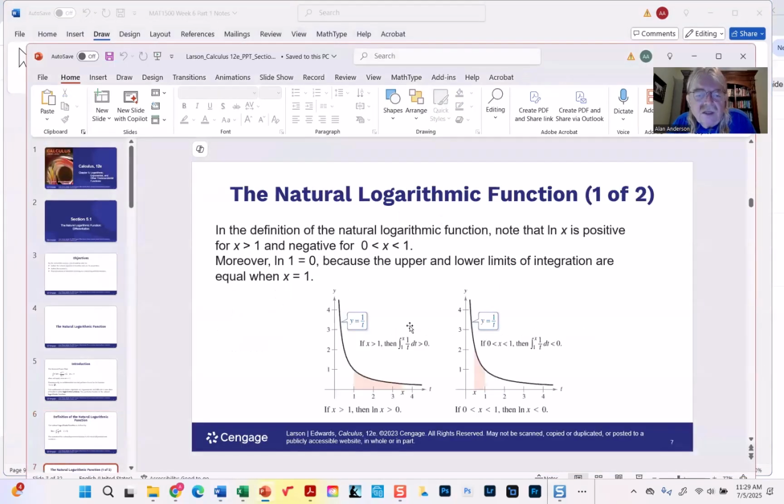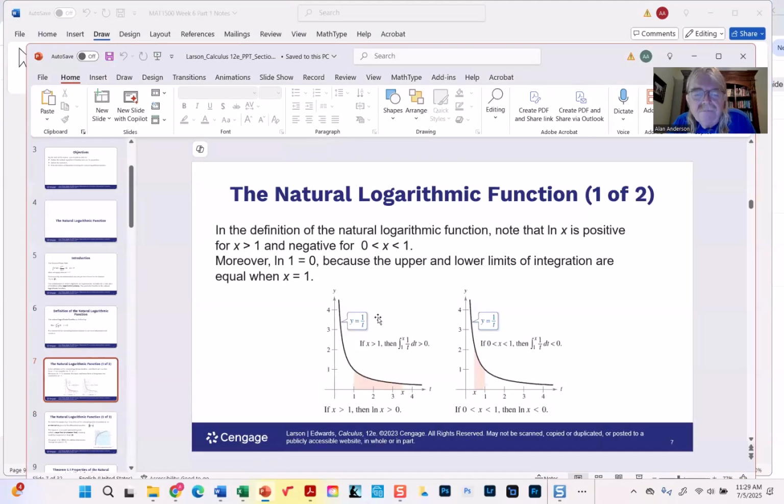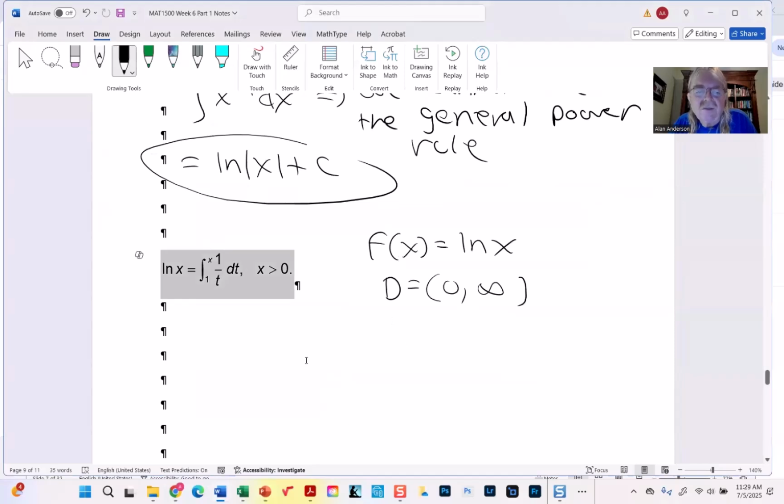Now, what does this thing look like? Well, this is the integral that they're using. That shaded region is the actual value of the log. But if you were to go to, let's say, SymbolLab and ask it to plot out the log of x, this is what it looks like.